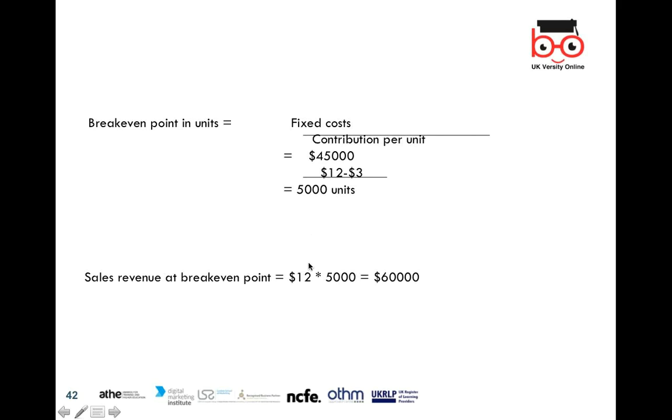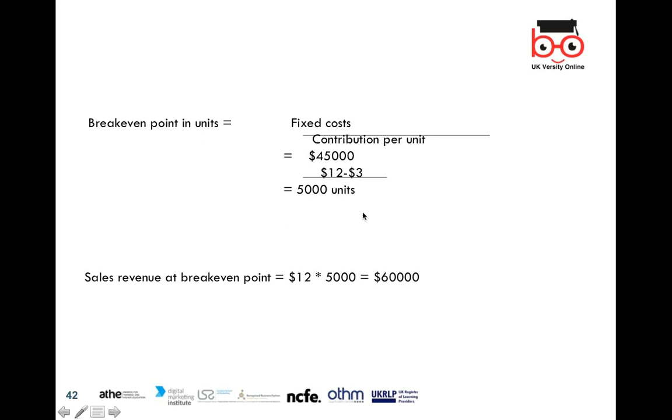And then when we multiply the selling price by the break-even units, we get the break-even point in terms of sales, in dollars or pounds, whatever monetary terms you focus on. So if you have the units and the selling price per unit, you multiply them, and you get the sales revenue at the break-even point.